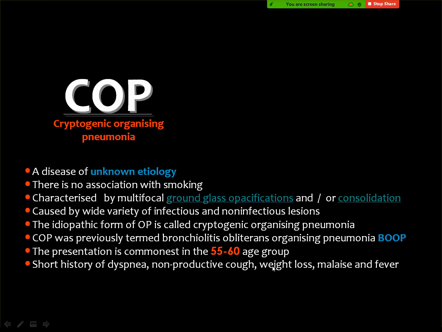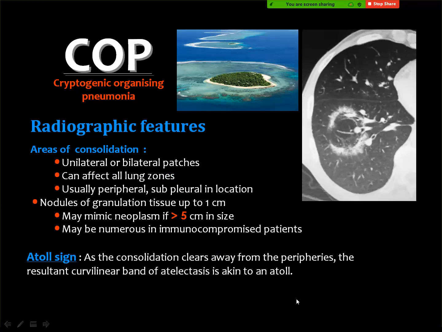The disease is of unknown etiology, and previously it was termed bronchiolitis obliterans organizing pneumonia, or BOOP. The age of presentation is this one, and there is dyspnea and a productive cough. The radiographic feature, the atoll sign, is pathognomonic, but it is seen in only 20% of cases, in the form of the reversed halo sign.